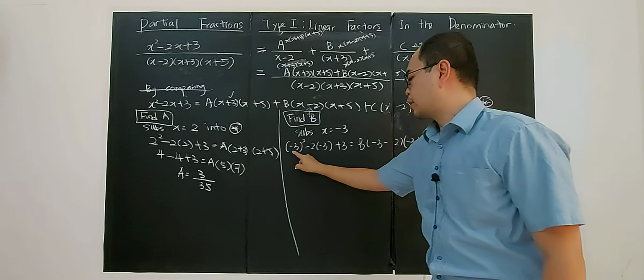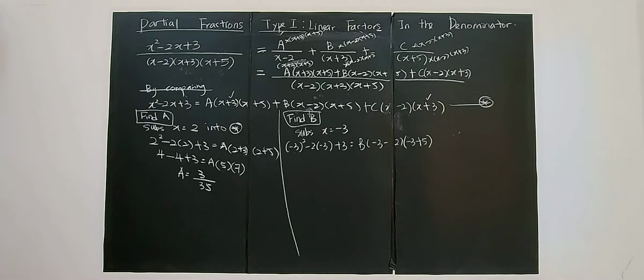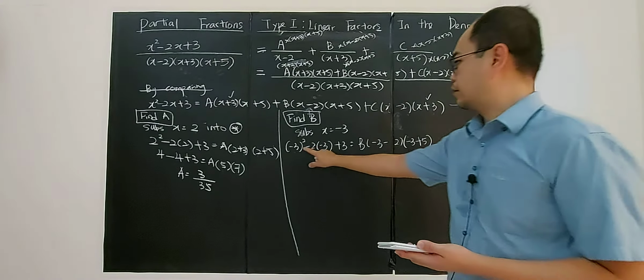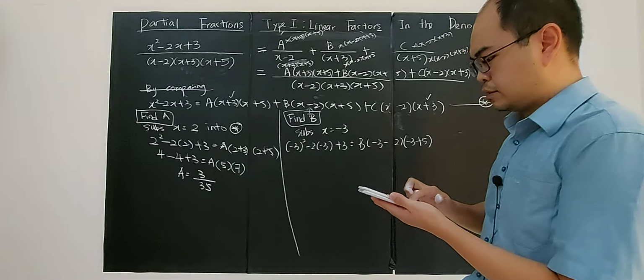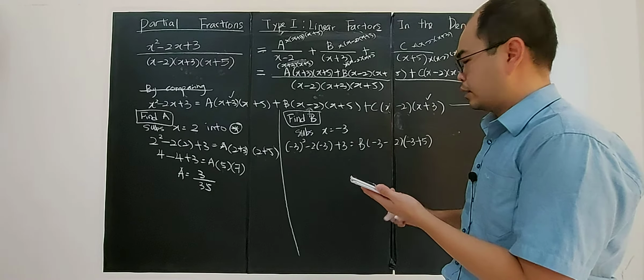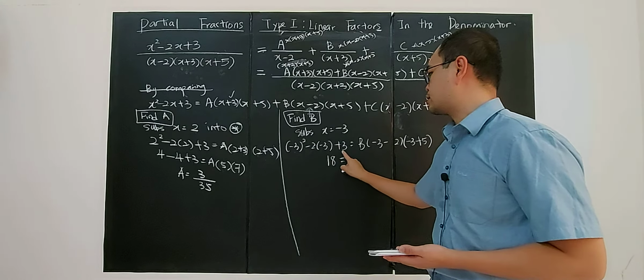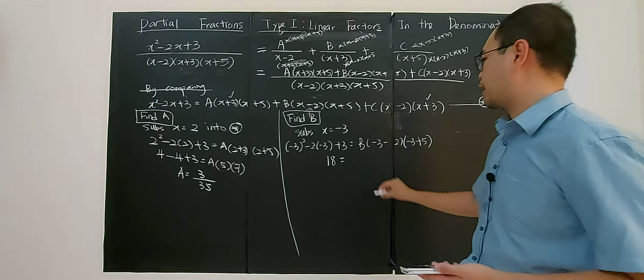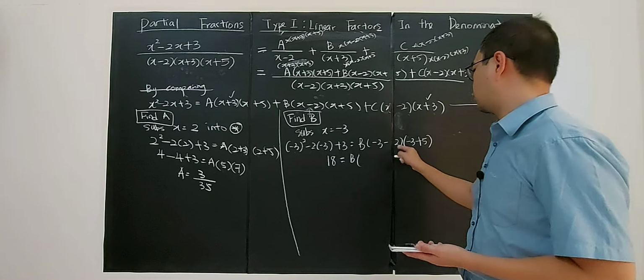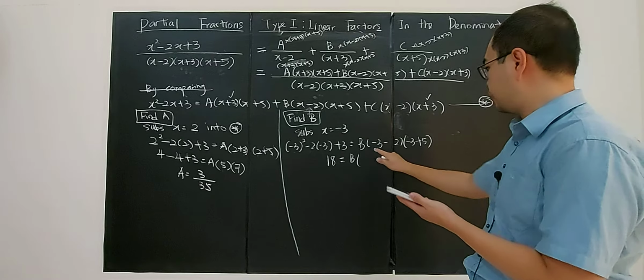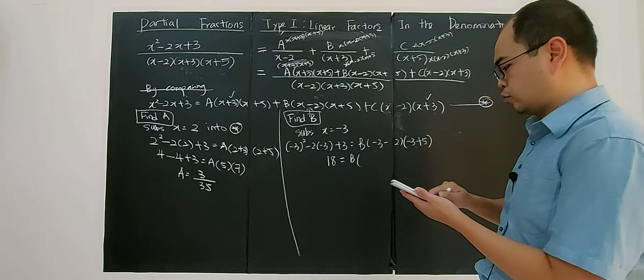Okay, slowly. Here you have 9 plus 6 plus 3, right? You have 18 here. So here you will have negative 5 multiplied with 2, right?